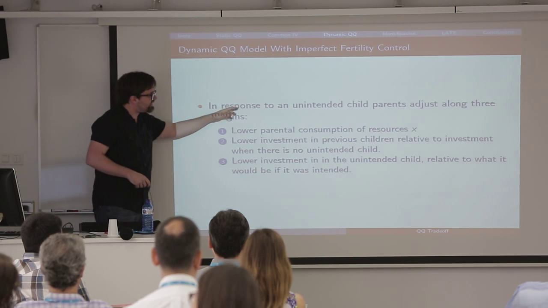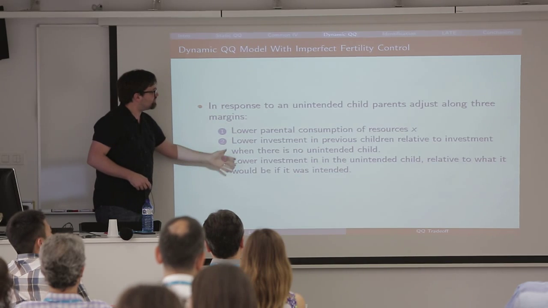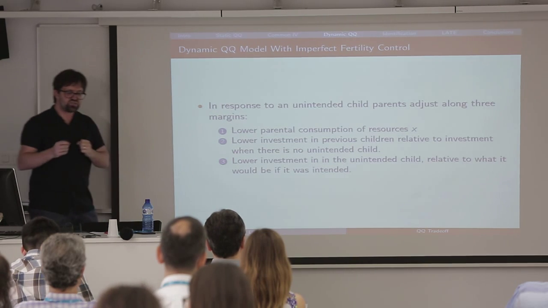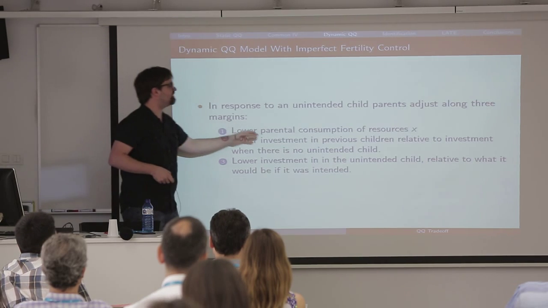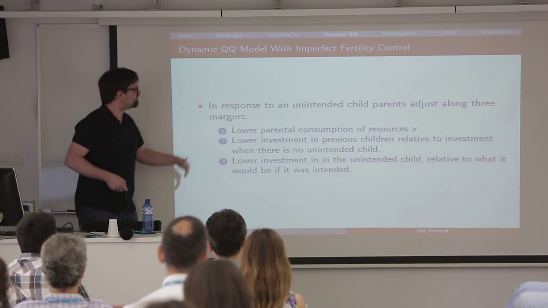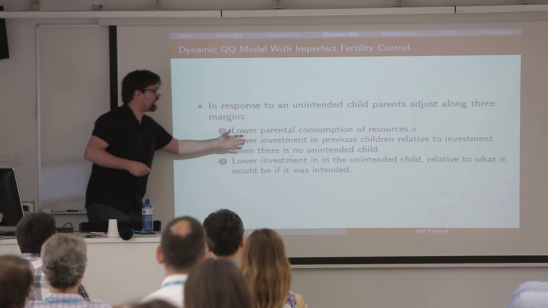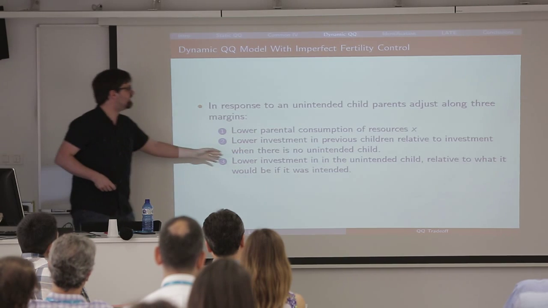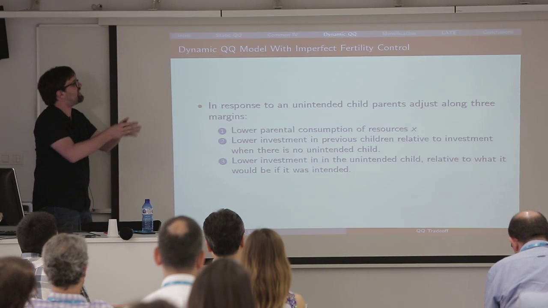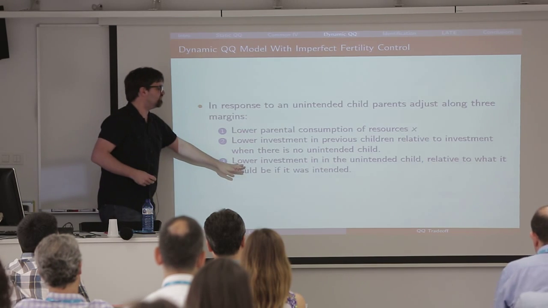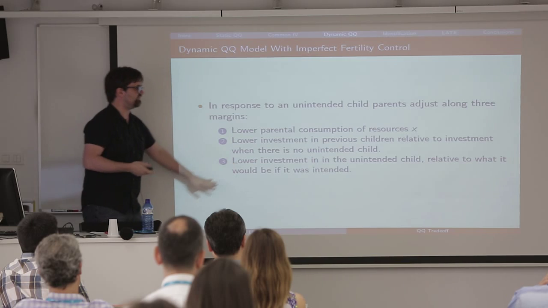In response to an unintended child that shows up, there's going to be several margins for parents to adjust. They can lower their own consumption. They can lower the investment in the existing kids, relative to what would have happened if there was no unintended kid. Or they can lower the investment in the unintended child relative to what would have happened if that child was fully foreseeable and planned.